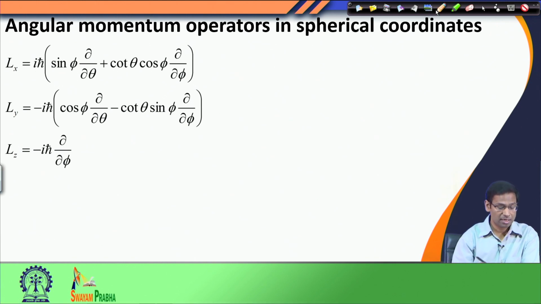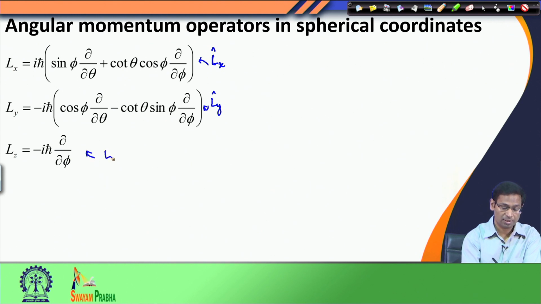Today what we show here is the Lx operator in Cartesian space, the Ly operator in Cartesian space, and the Lz operator; these are Lx, Ly and Lz operators in spherical coordinate system.